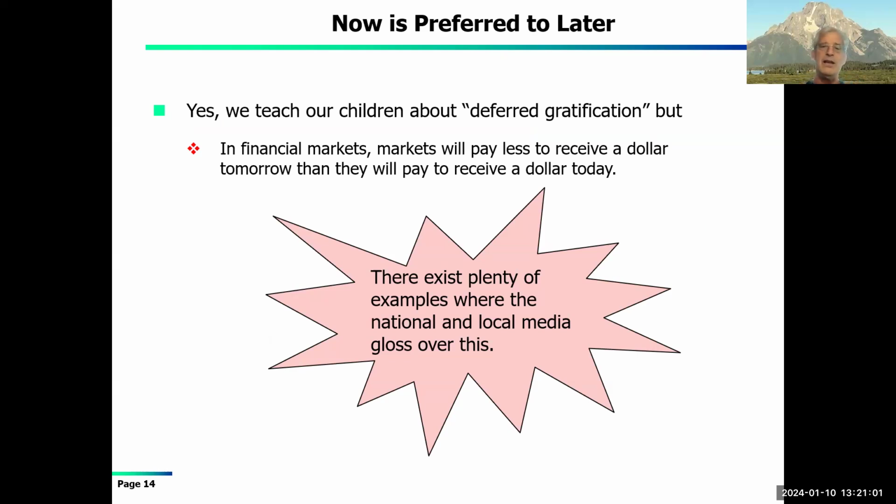There exist plenty of examples in the national local media. A lot of people in local media really don't understand some of the principles of finance, and they don't understand how a driving force in financial markets is that people will pay less to receive $1 tomorrow than they will pay to receive $1 today.